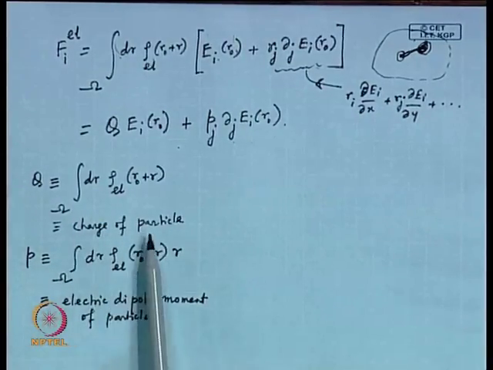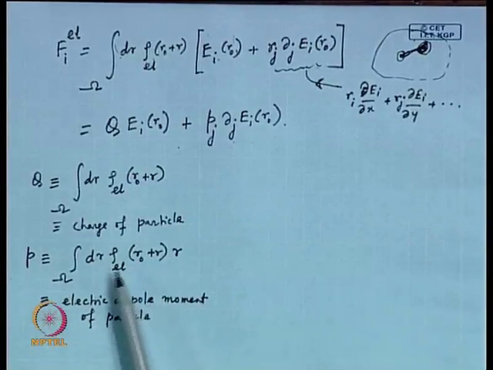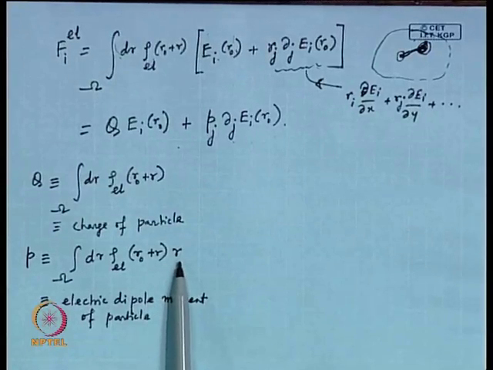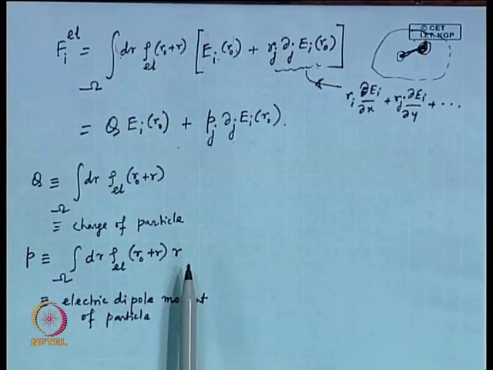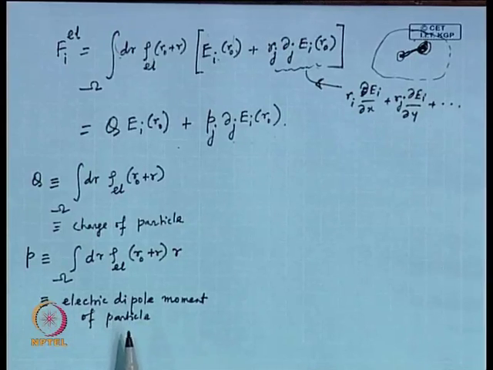So that is basically charge of particle, and P is charge multiplied by the corresponding position. This is referred as electric dipole moment of particle.